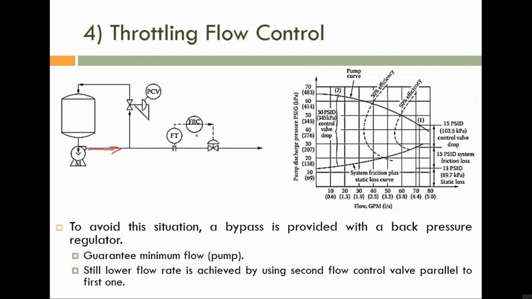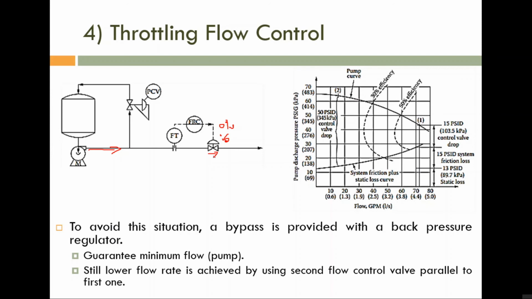If you are using an equal percentage valve, what is the peculiarity of an equal percentage valve? Even if it is 0% open, that is, even if it is fully closed, a minimum flow rate will be there. That is a characteristic of the equal percentage valve.